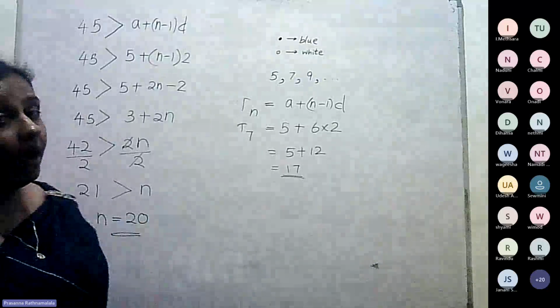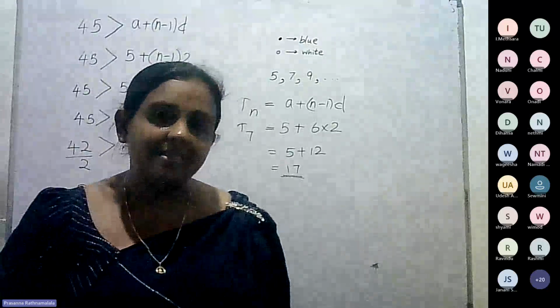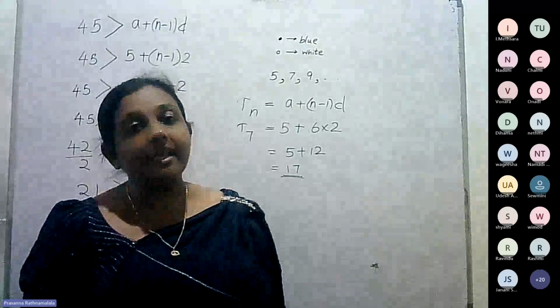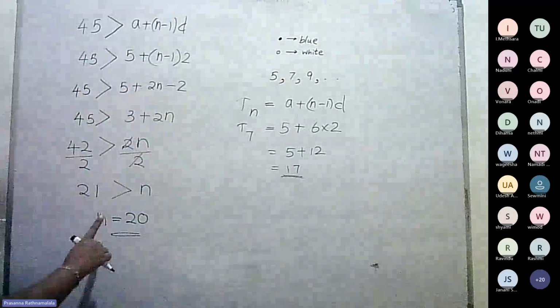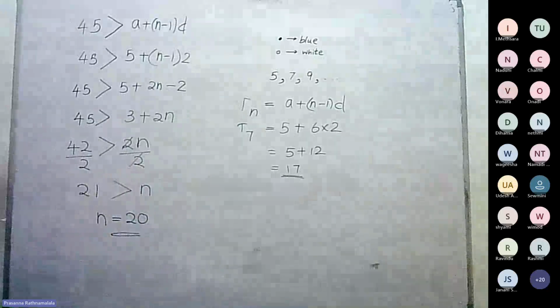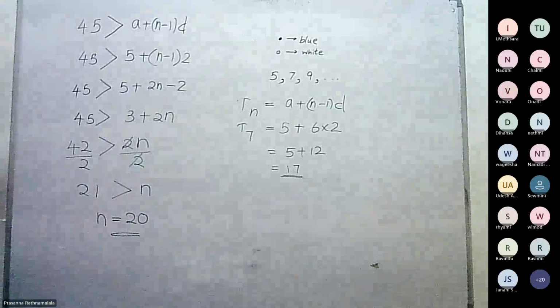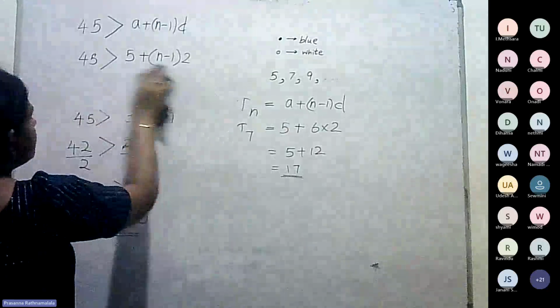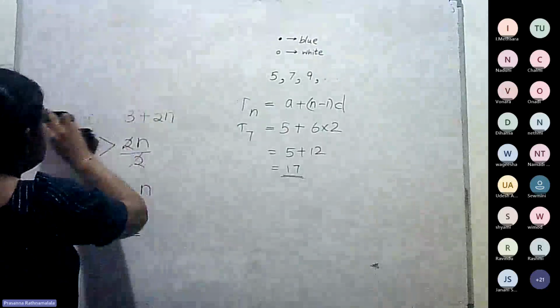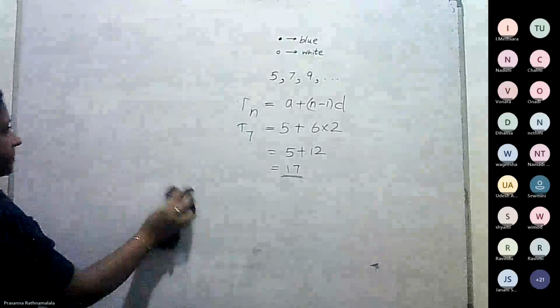Then there are 20 circles in this drill display, in a college. Okay, that is n equals 20. Next one. Now let's see what is this third one.